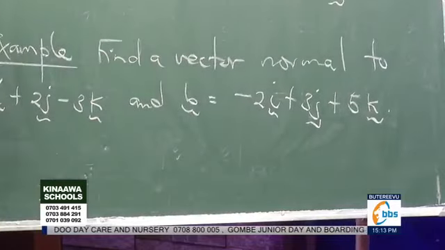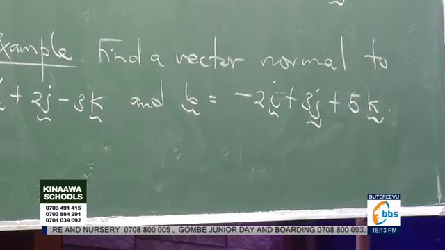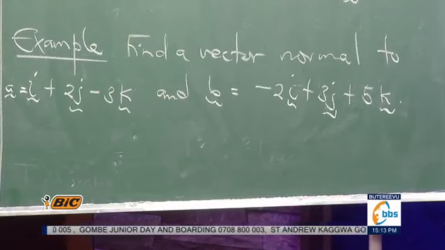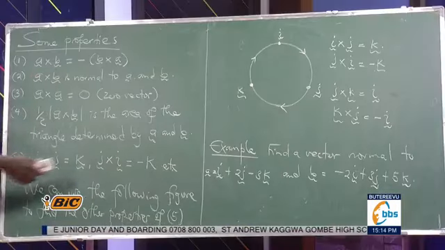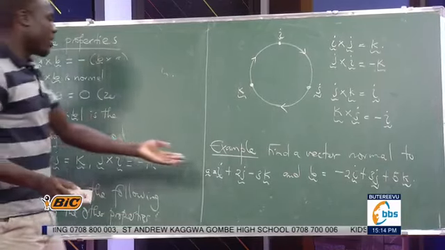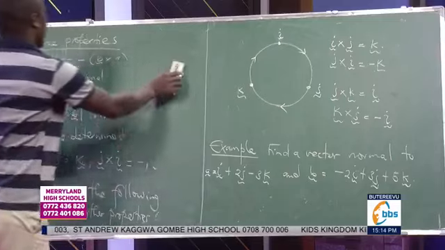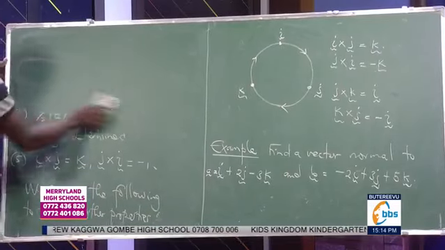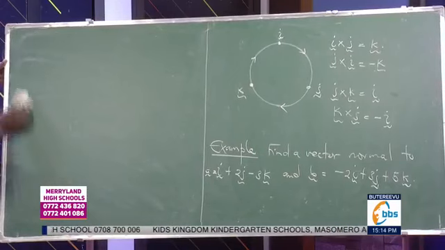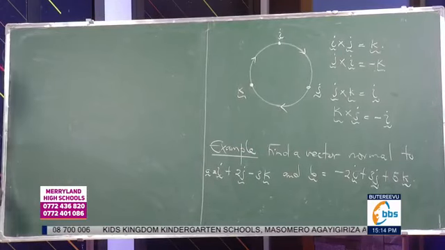So we want a vector which is normal to both of those. We can use this property here, that vector should be A cross B. In other words, they are telling us to find the cross product of this one and that one there. We could use the determinant method, which we wrote down.